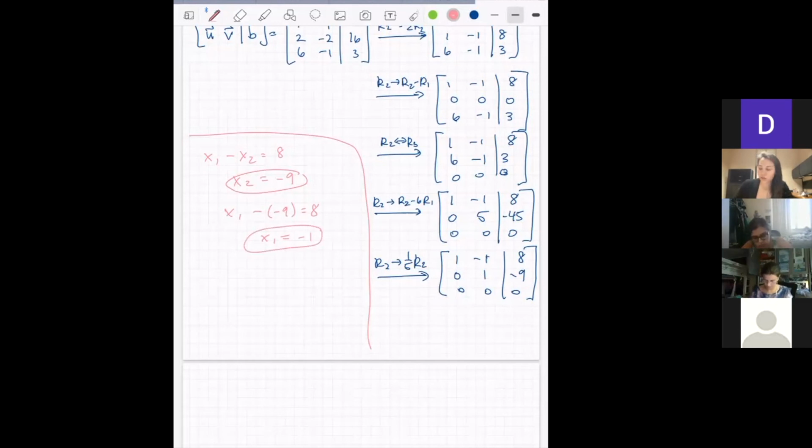Okay, so our solution is -1, -9. And if we want to write B as a linear combination, we would just use these two numbers to write it. This one corresponds with U, so it'll be negative U minus 9V, right?